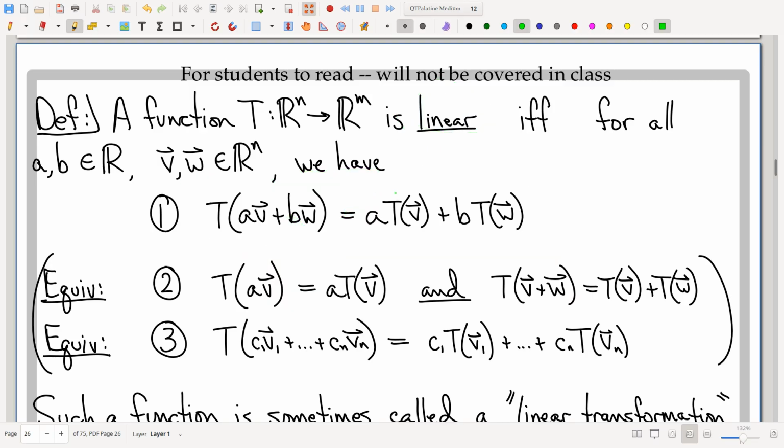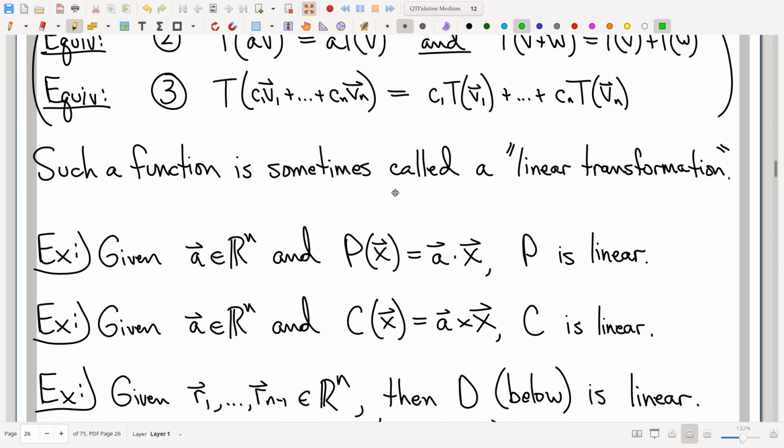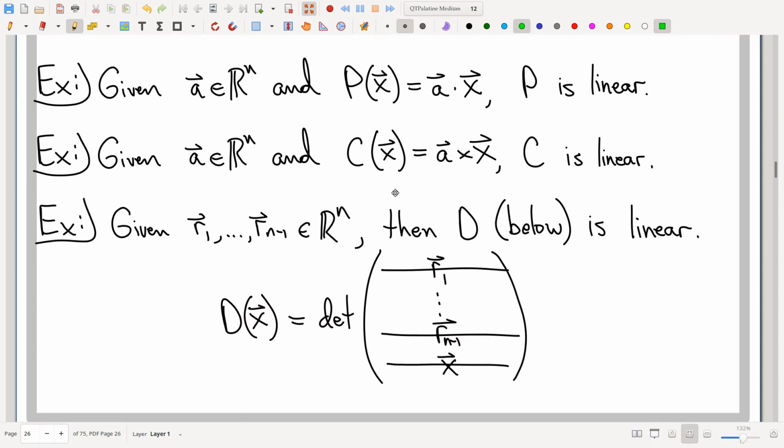I'm also going to talk about a few abuses of language. The way I've used the term linear here, and the way people describe what I've written on the board, is very often an abuse of the term. So this fact that this function is linear, very often people will say dot products are linear. Now that's an abuse.